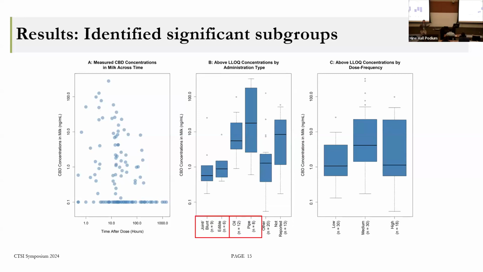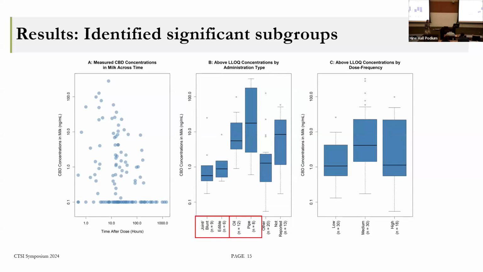Essentially, as I mentioned, there were 200 samples that were ascertained from 181 unique mothers. And BLQ values were about 42% of the data. And we look over to the middle and the right plots there, box plots, and we look at the administration types: joint/blunt, edible, oil, pipe, other, not reported.